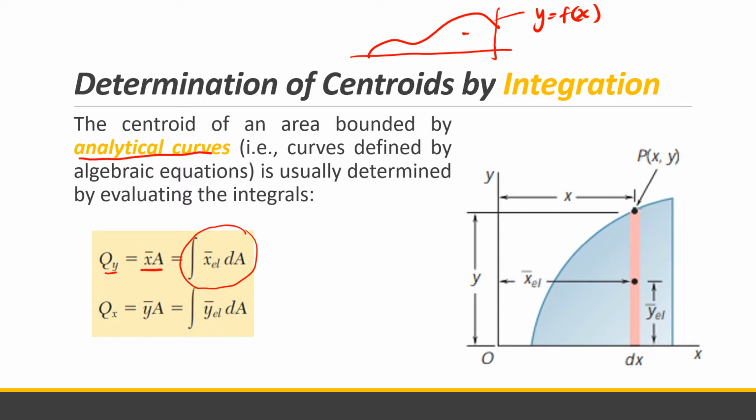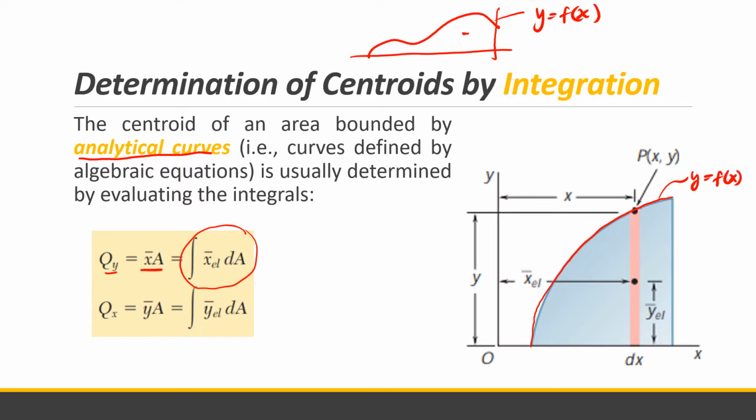So take for example here, more like a quarter circle na area, but it is not a quarter circle. So this line here, say this is equation y equals to f(x), no?